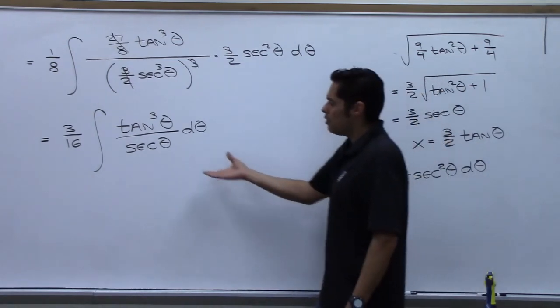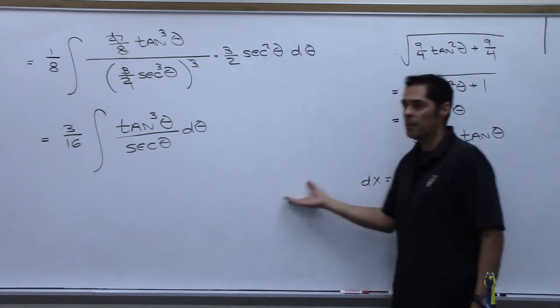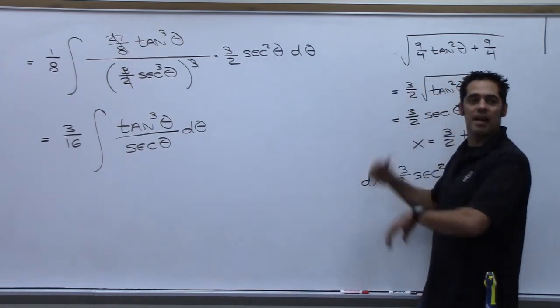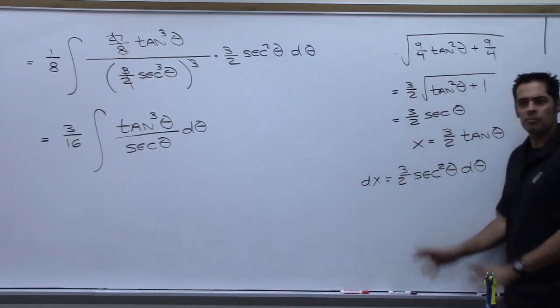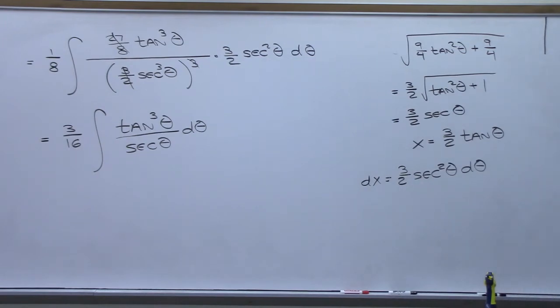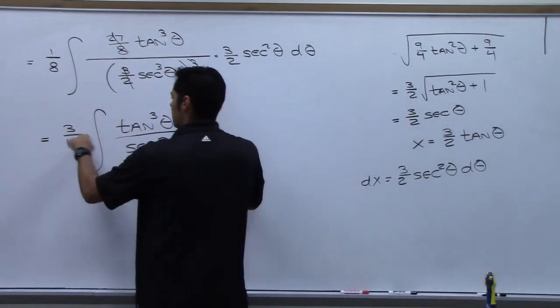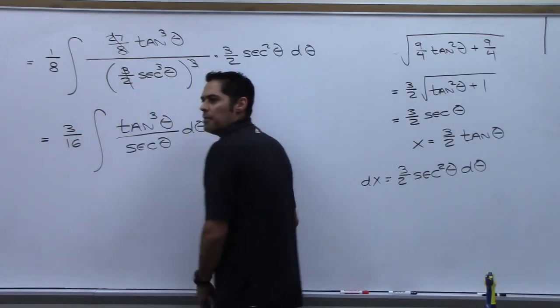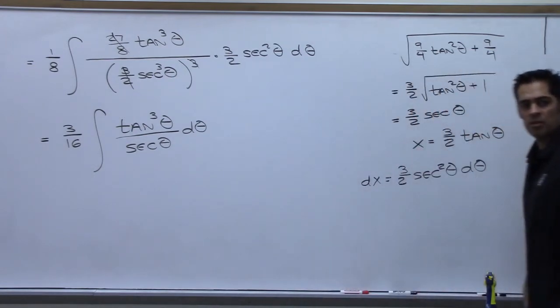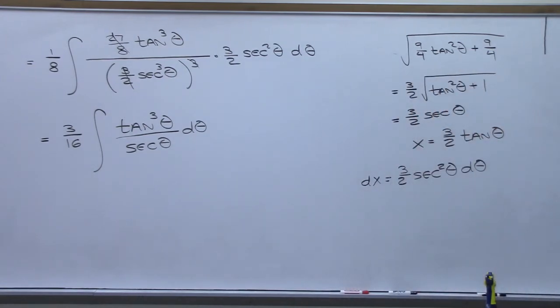If you're able to take this all the way, try and get everything back in terms of x and get a final answer for this problem. Okay? Question? No, not everything. Just start by writing this right here: 3/16, this integral, and then work it from there. You have a question? You got it?